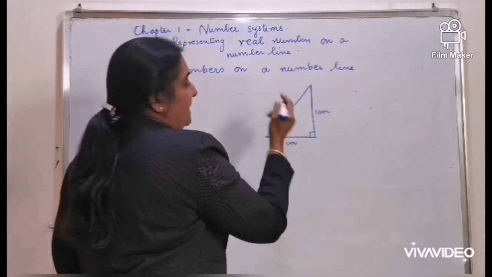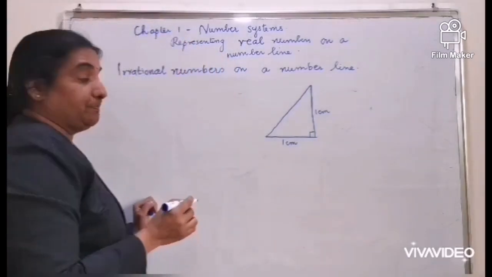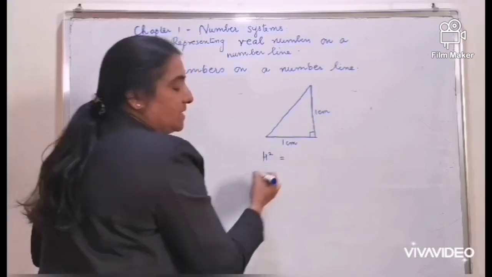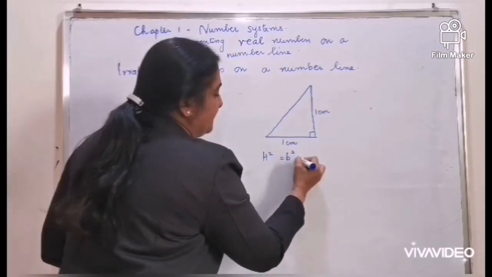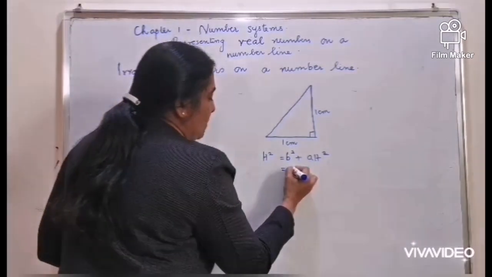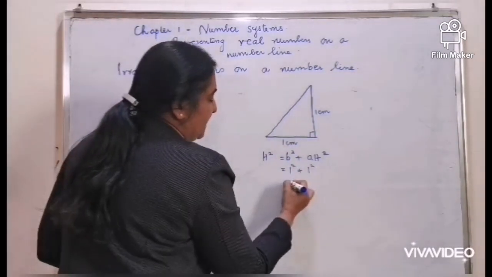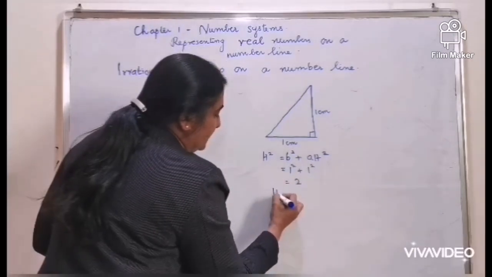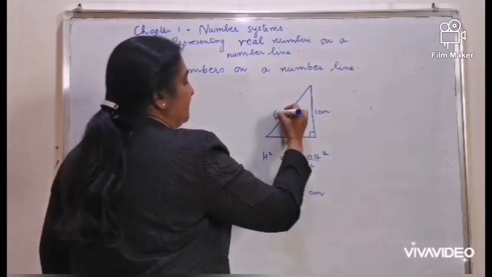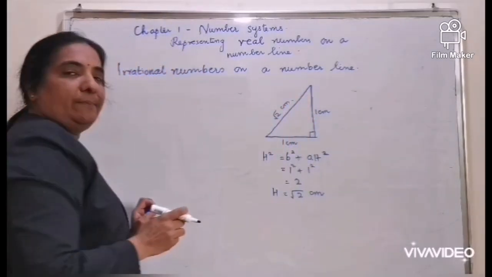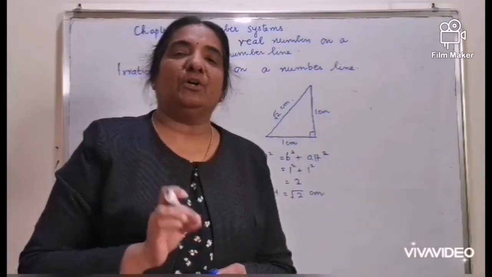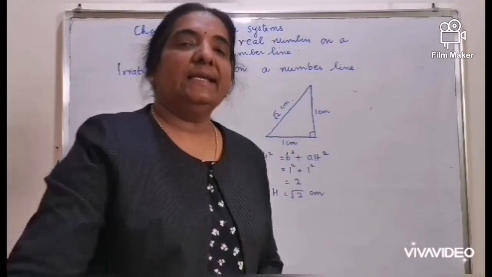If you want to calculate the hypotenuse, by Pythagoras theorem, hypotenuse square is equal to base square plus altitude square, which is the same as 1 square plus 1 square, which is equal to 2, or the length of hypotenuse will be square root 2 centimeter. This will be the logic we will be using to plot square root 2 on the number line.